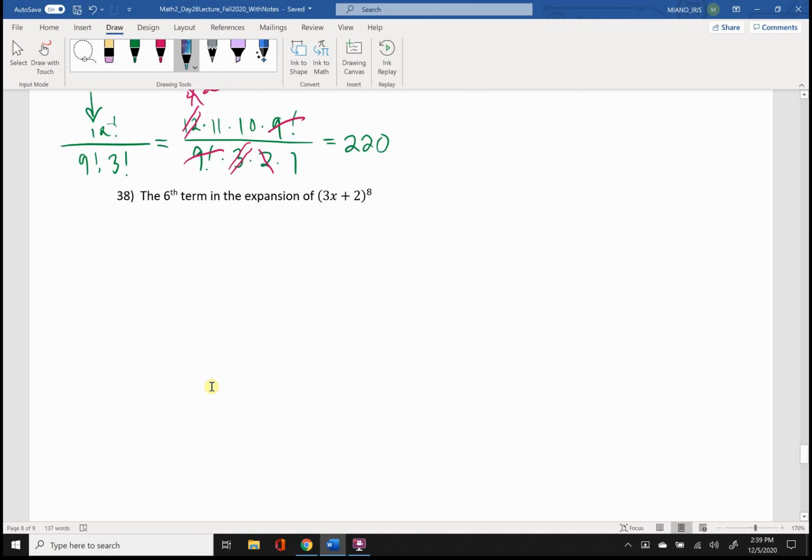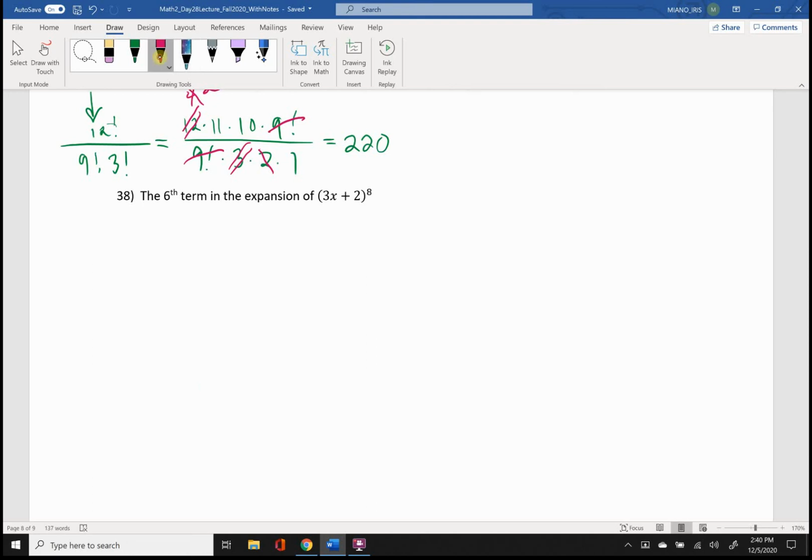Now, hear me out, okay? When we're talking about the 6th term in the expansion of the binomial using the binomial theorem, we're talking about j being 1 less than the term number, if that makes sense. So term minus 1 is basically your j value.